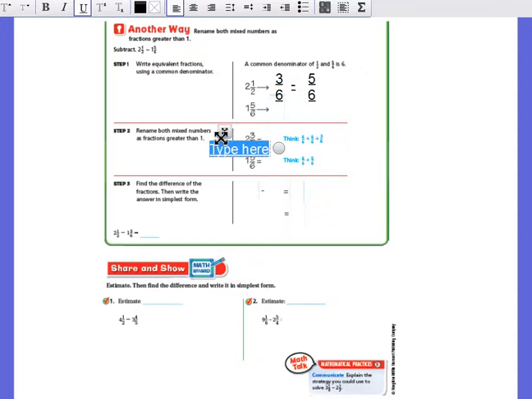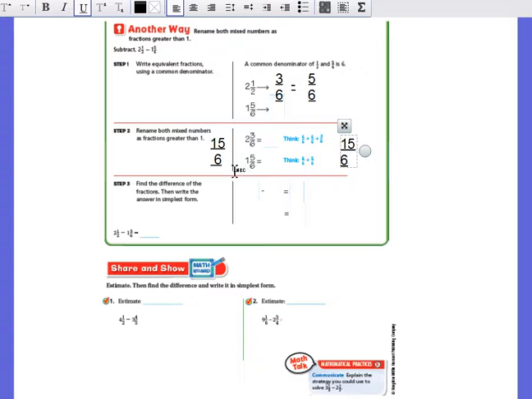So now we have 12 plus 3 is 15 over 6. We have an improper fraction, which we know about, but we now have gotten rid of this right here and changed it to 15 over 6.